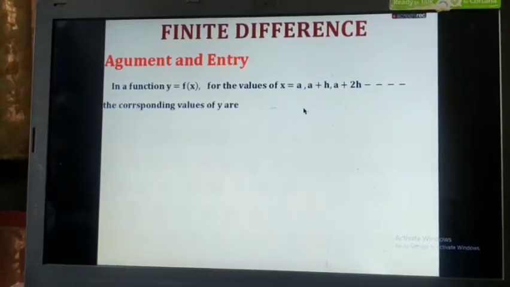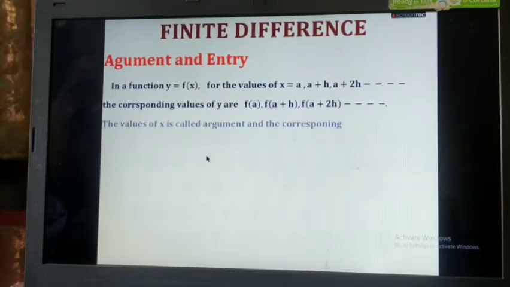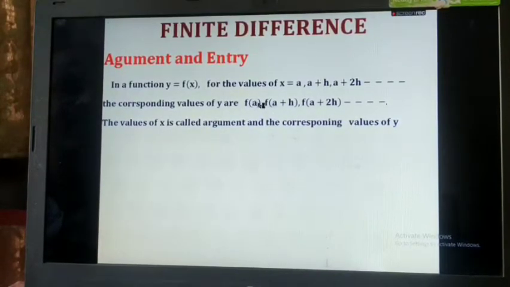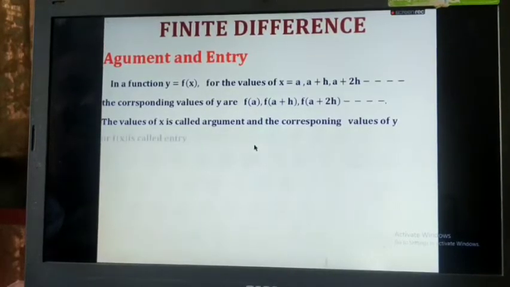For these values, the corresponding values of y are f of a, f of a plus h, f of a plus 2h, and so on. The values of x are called the argument, and the corresponding values of y are called the entry.